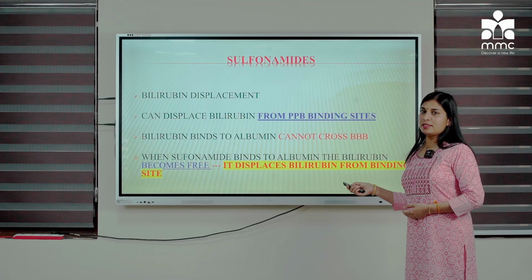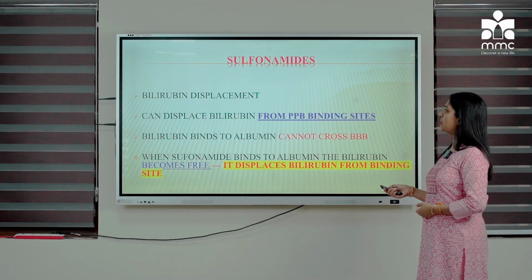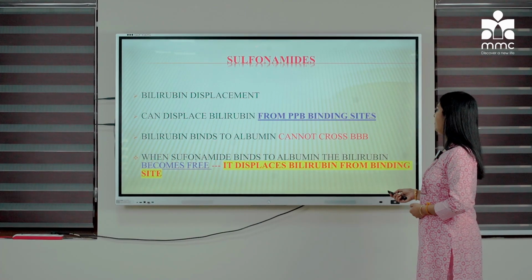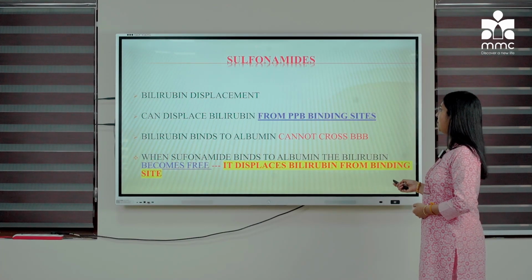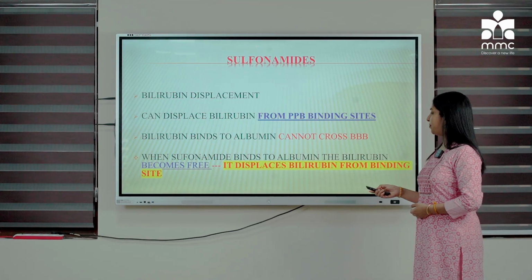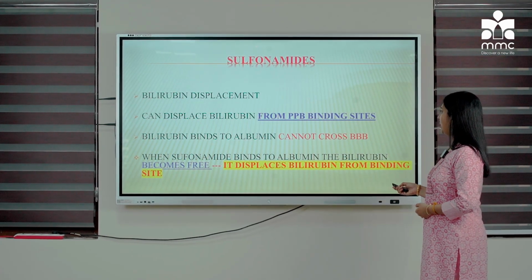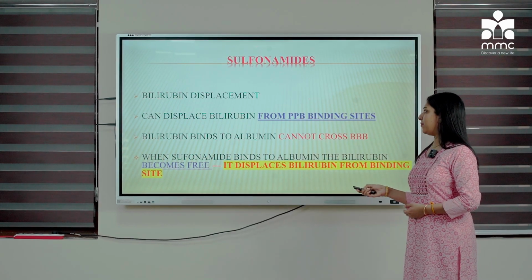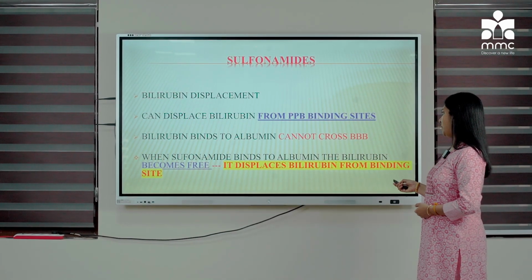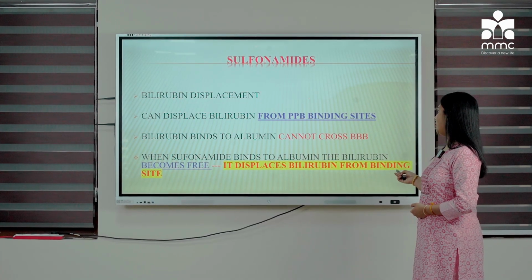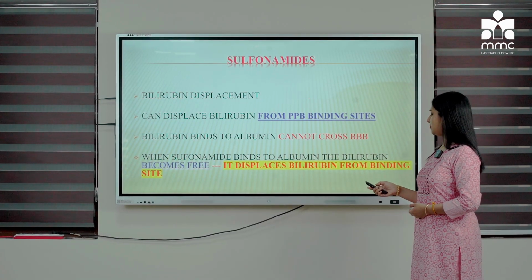Then bilirubin displacement. What happens in bilirubin displacement? It can displace bilirubin from the plasma protein binding site. Bilirubin binds to albumin and cannot cross the blood-brain barrier. When sulfonamides bind to albumin, the bilirubin becomes free; it displaces bilirubin from the binding site.